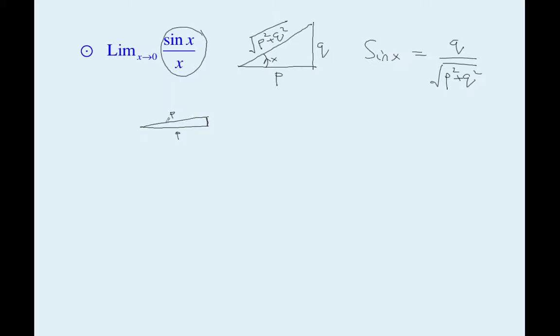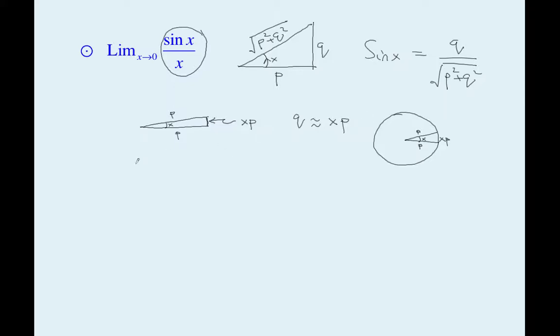And the answer is that if this is the angle x, then this side over here is x times P. In other words, Q is very close to x times P. And just as a quick reminder, if you have a circle like this, and here is an angle x between these two radial lines, if this is P, then this over here is xP. So that's what we are using here.